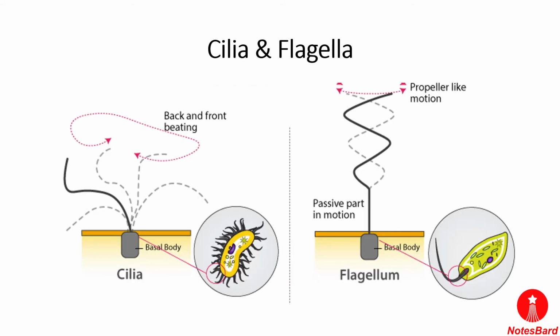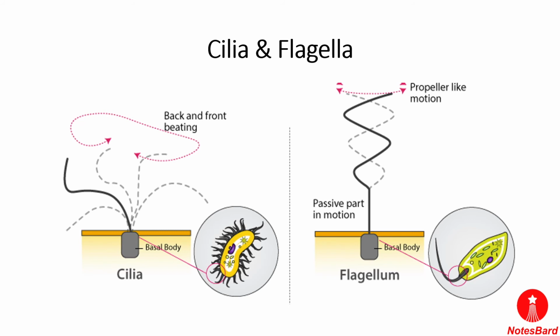Now the difference between the cilia and the flagella. So what are the main differences between the two? First we will go with the definition of the cilia and then with the flagella.